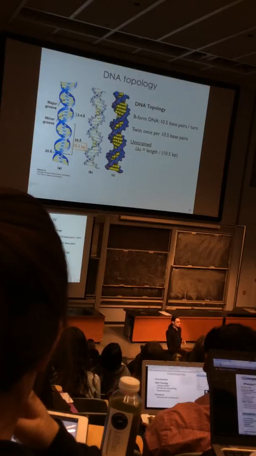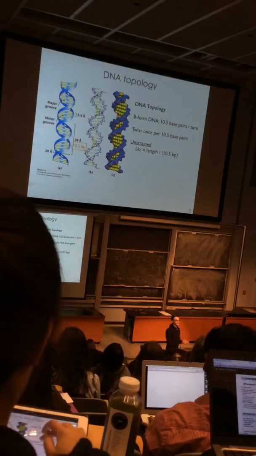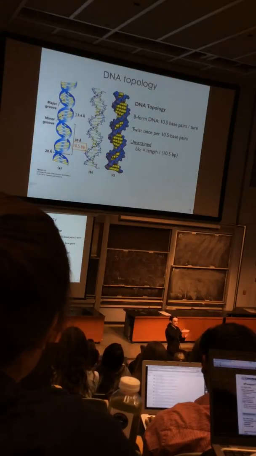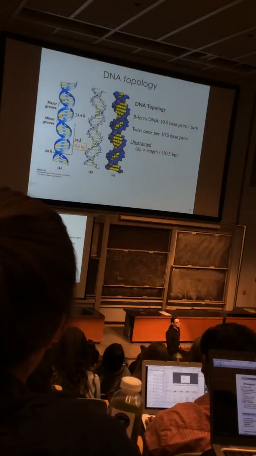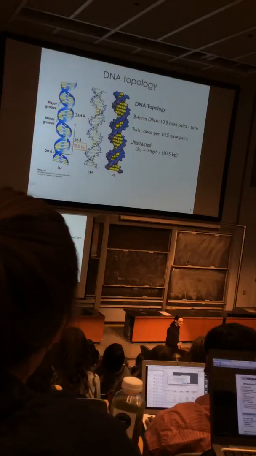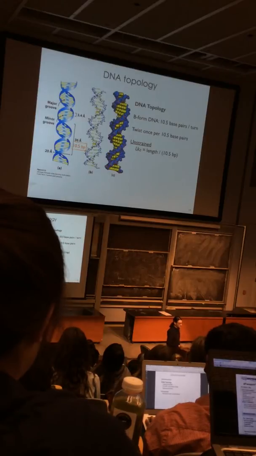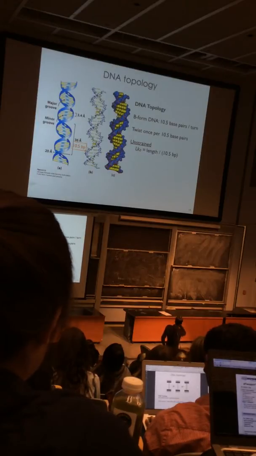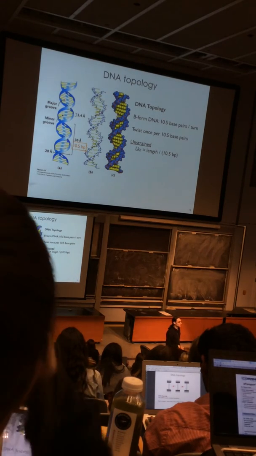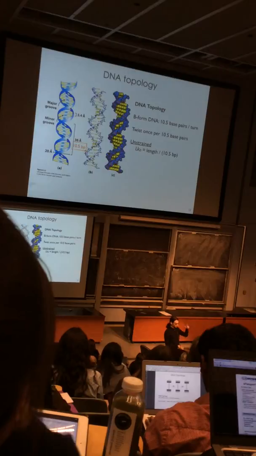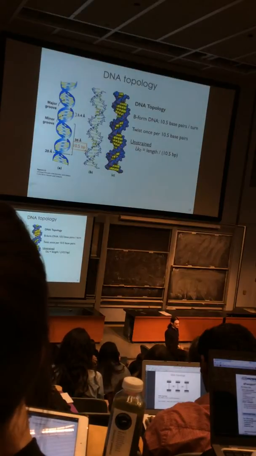Changing that disrupts the stacking interactions between bases in the adjacent pairs, so there's a pretty strong energetic cost to doing that. What we should remember is that the linking number of unstrained B-form DNA is one link, one spiral turn, every 10.5 base pairs.